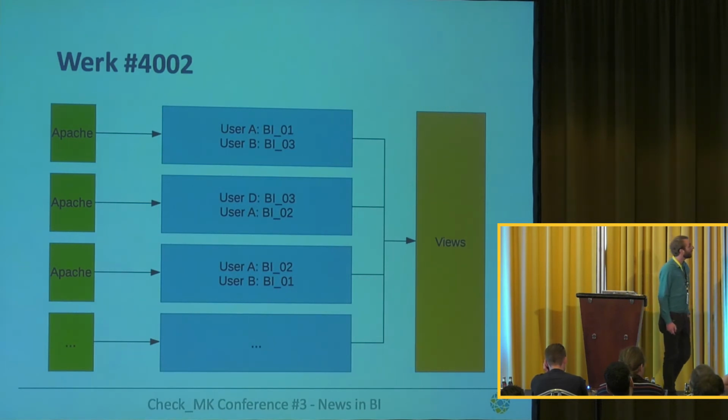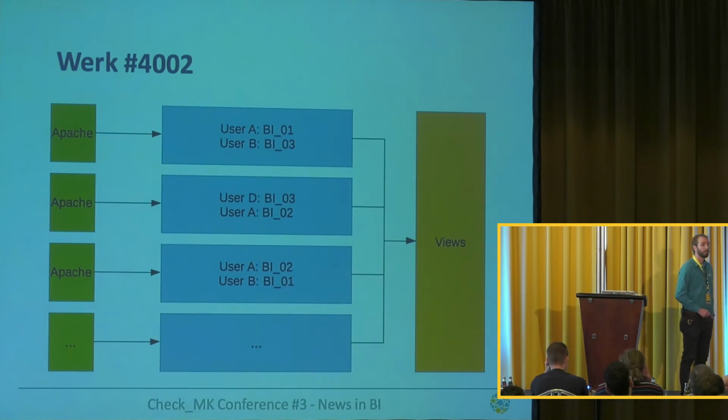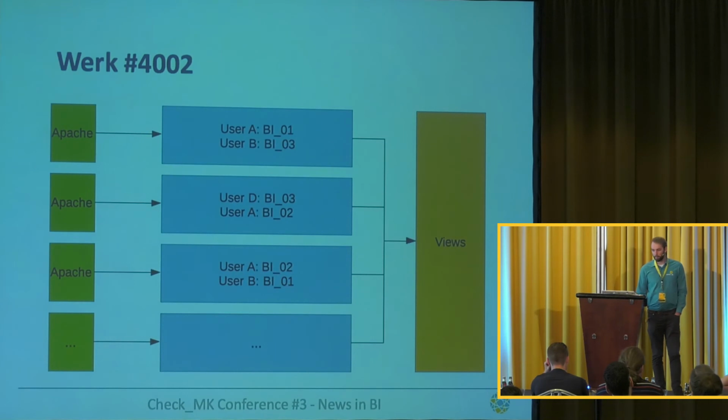Then user A wants to look at BI2, ends up with an Apache, and of course this Apache calculates this BI, and you see it again. Then user B also wants to look at it, but he doesn't end up with this Apache, but this one instead. It calculates the BI completely and shows it again. So you can imagine, with a certain number of Apache processes, we are always calculating the same BI again and again and again. Of course, this is very intense. It's not very nice.